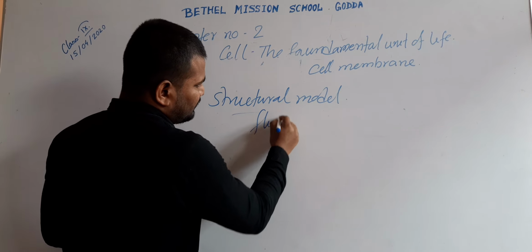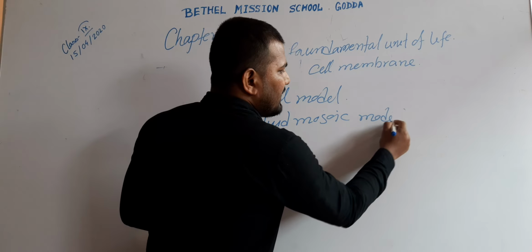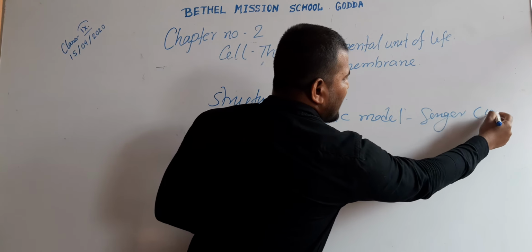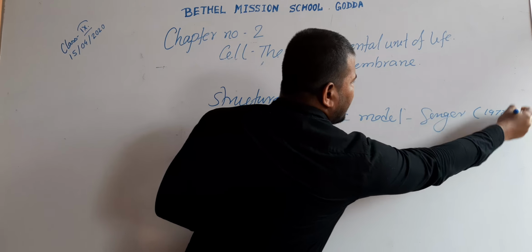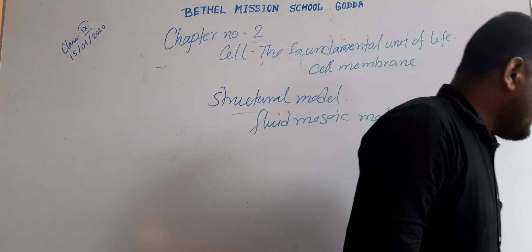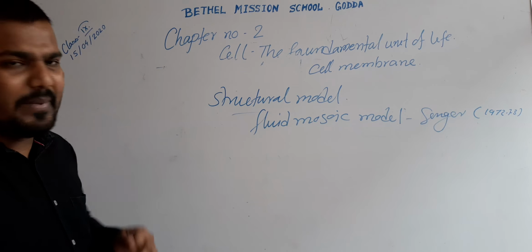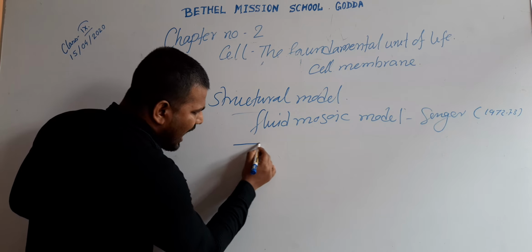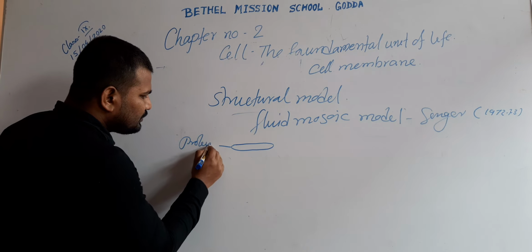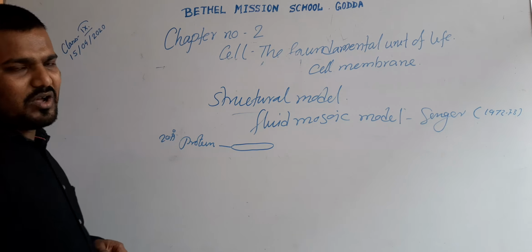Fluid mosaic model by Singer and Nicolson in the year 1972-73. In the fluid mosaic model, the cell membrane is a tri-layer membrane having an outer layer formed by protein molecules, with a thickness of 20 angstrom.